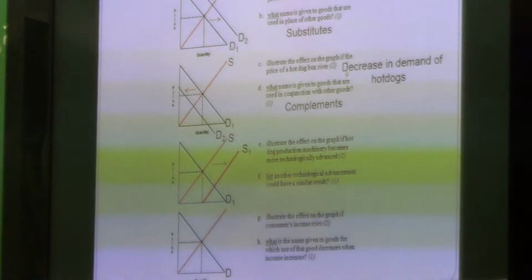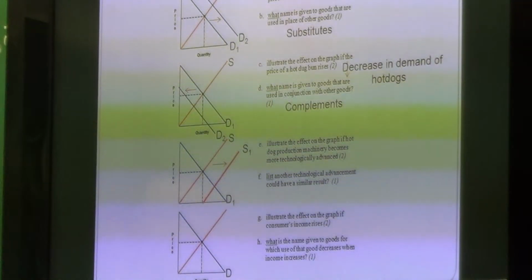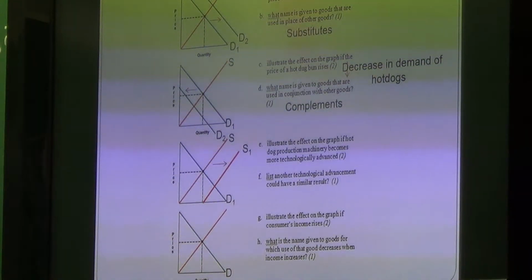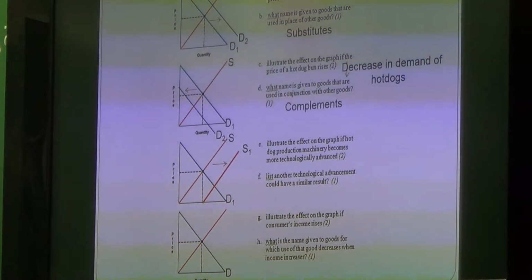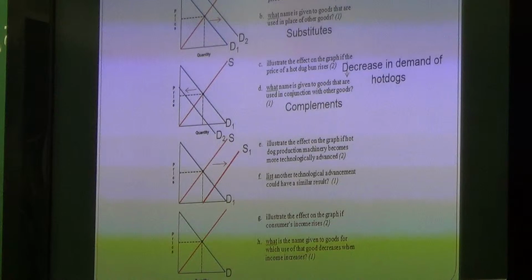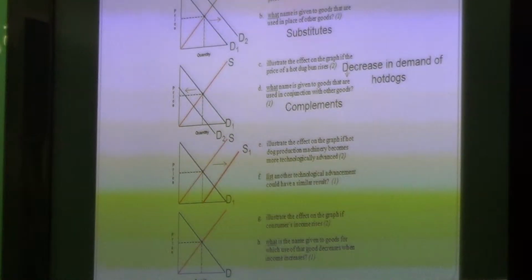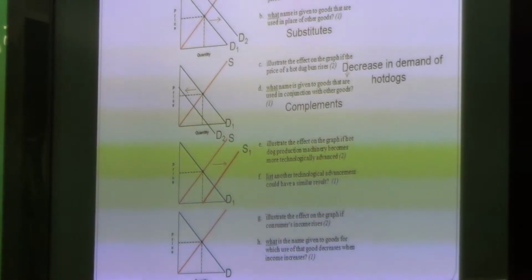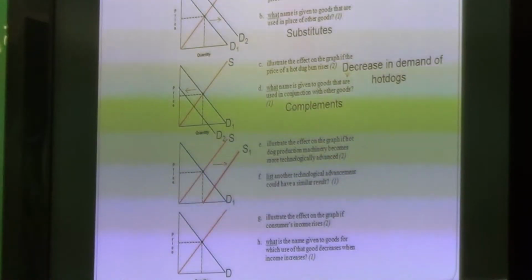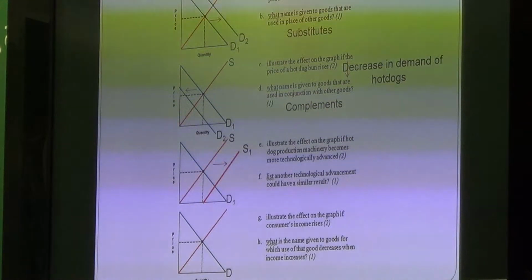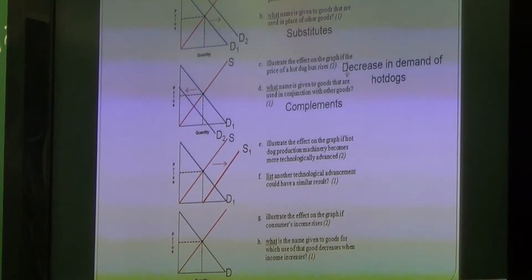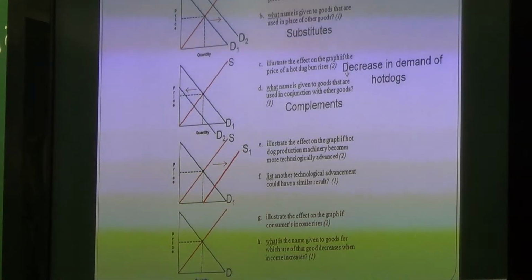And then list another technological advancement that could have a similar result. So right now we're talking about if we're better at producing them, what else could shift the supply curve to the right? Natalie? If the buns had a better technological advancement, then it would be cheaper to make them.